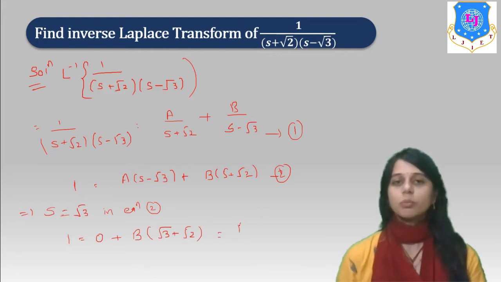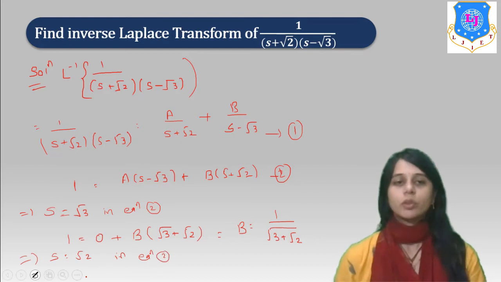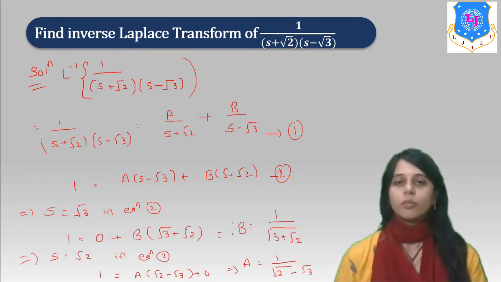So the value of B is 1 upon (under root 3 plus under root 2). Similarly, s equal to minus under root 2 in equation 2: 1 equals A(minus under root 2 minus under root 3) plus 0. So A equals 1 upon (minus under root 2 minus under root 3). We are getting the values of A and B.